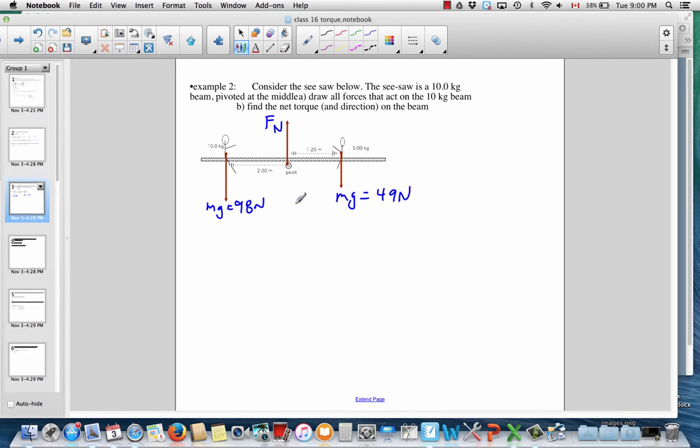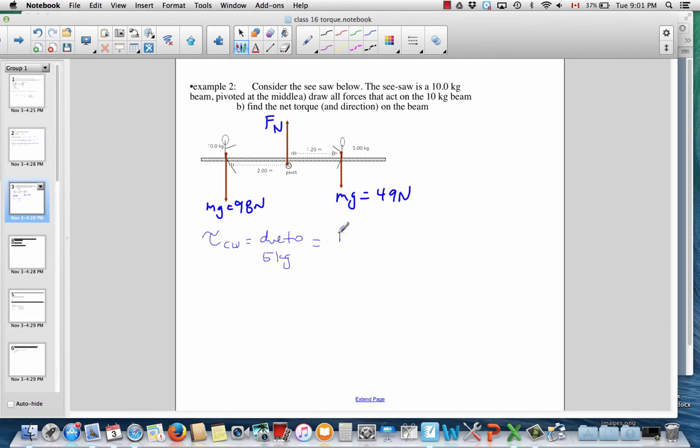Okay, so we want to find the directions of torque. In order to do that, you can imagine, say, if you put your pencil on the page and hold it here at the pivot point, if you push down on this side, you're going to create a clockwise rotation. So clockwise, CW, that torque is due to the 5 kilogram child.